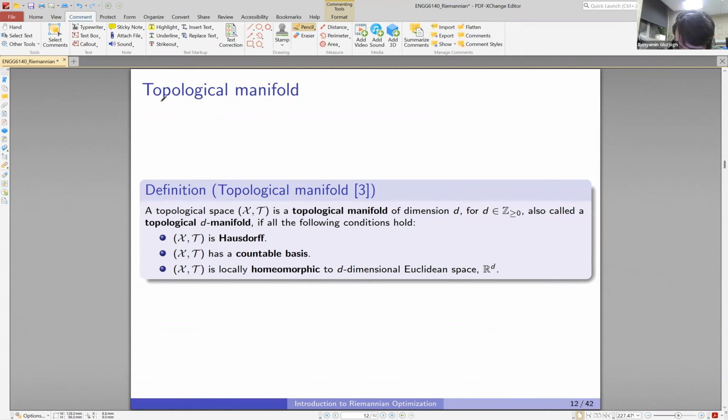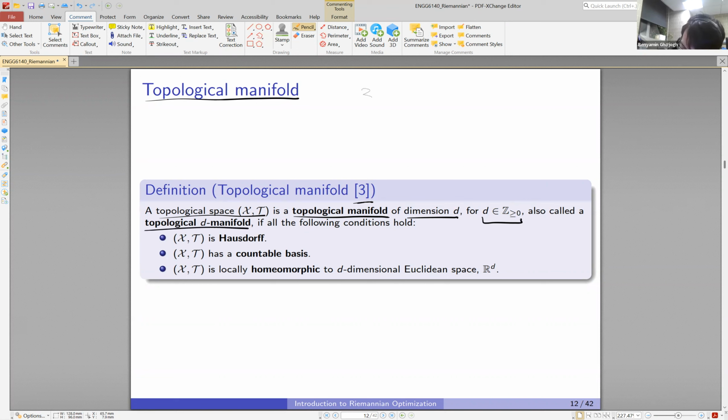Now topological manifold. Reference 3. A topological space (X, T) is a topological manifold of dimension D, where D is a non-negative integer: 0, 1, 2, 3, 4, whatever. This topological manifold of dimension D is also called a topological D-manifold.